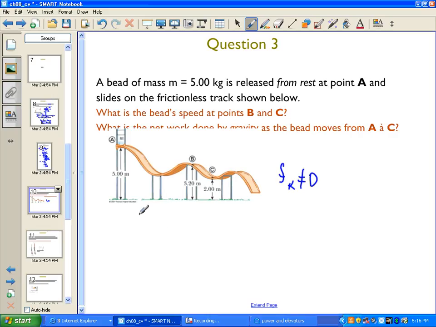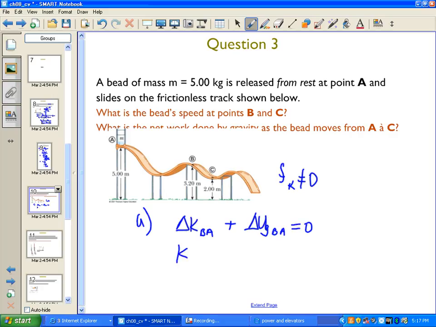All right, let's begin with the first part. Let's determine the speed of the bead when it's at position B and when it's at position C. Conservation of energy dictates that delta K from A to B plus delta U sub G, the gravitational potential energy, equals 0.